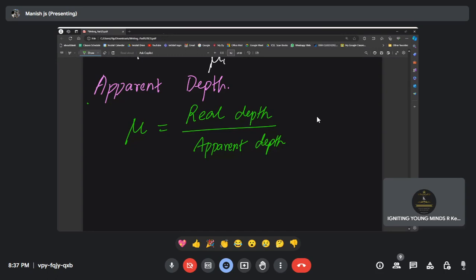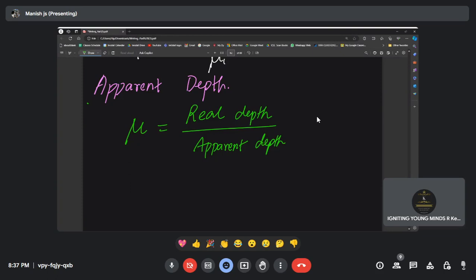When an object is present in a medium having refractive index mu, and you perceive the object with respect to the eye, the observer, that perception is called apparent depth. But the actual depth is different.